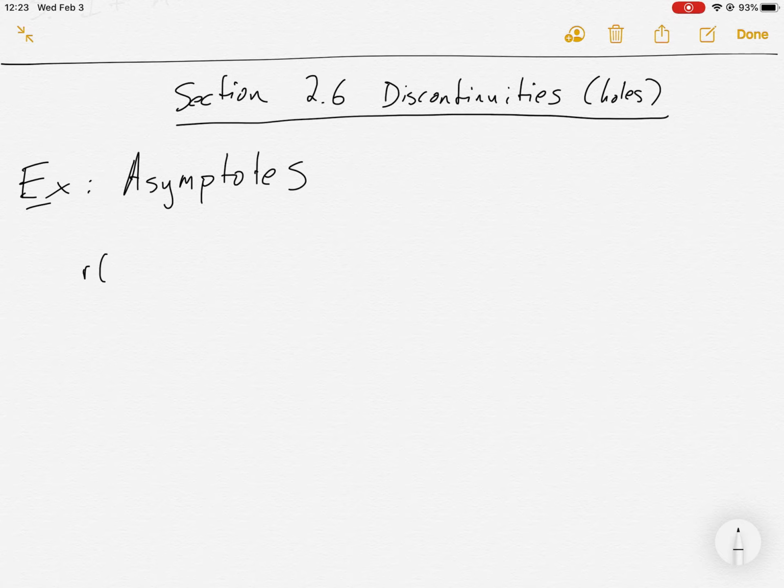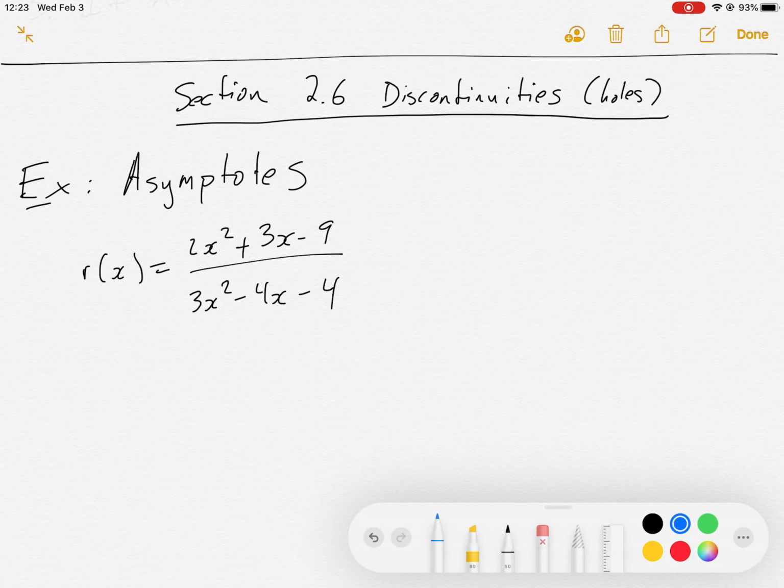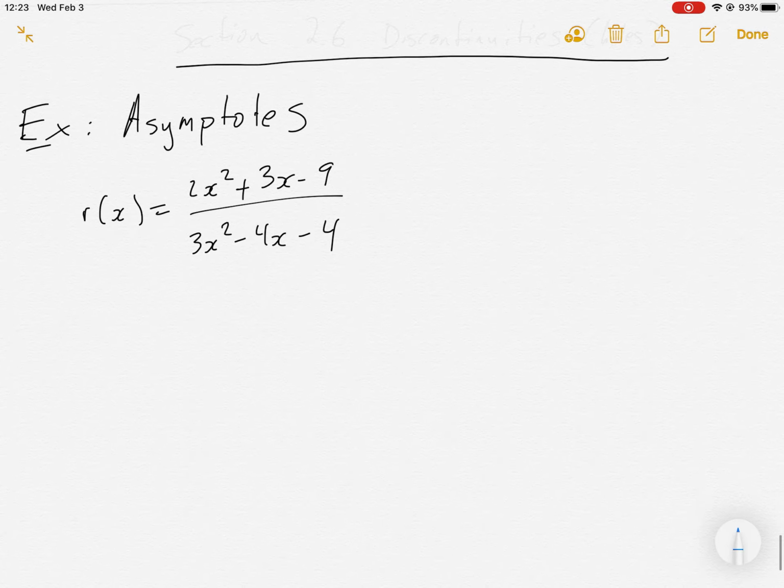But let's just take a look at this function here. Let's do r of x equals 2x squared plus 3x minus 9 over 3x squared minus 4x minus 4. Since we were just talking about horizontal asymptotes, that's where I'm going to start. To get our horizontal asymptote, we have to compare the degrees.